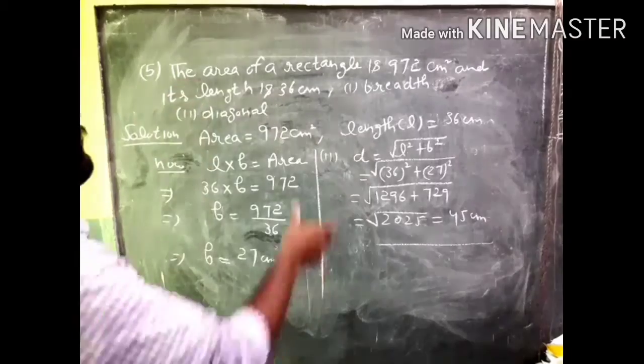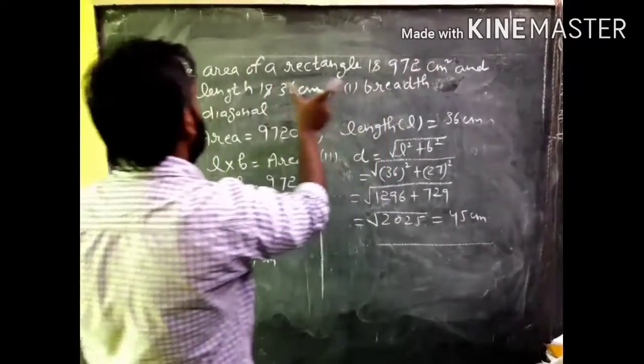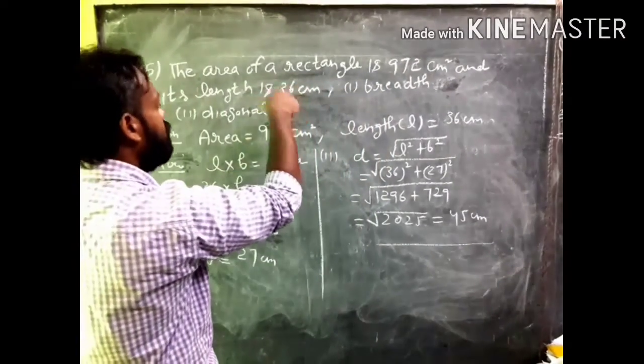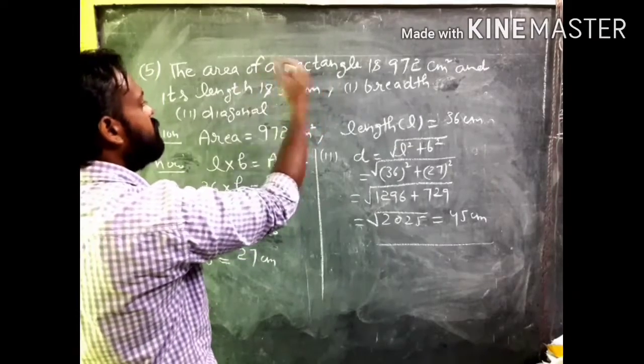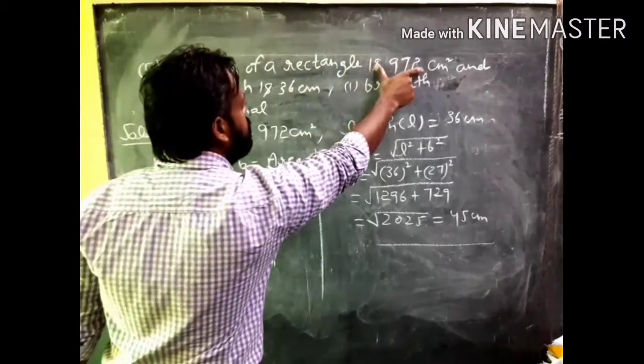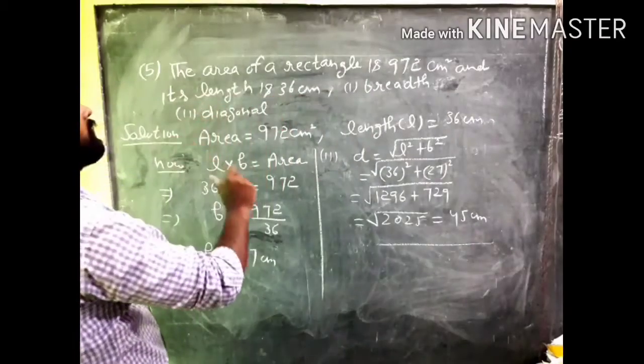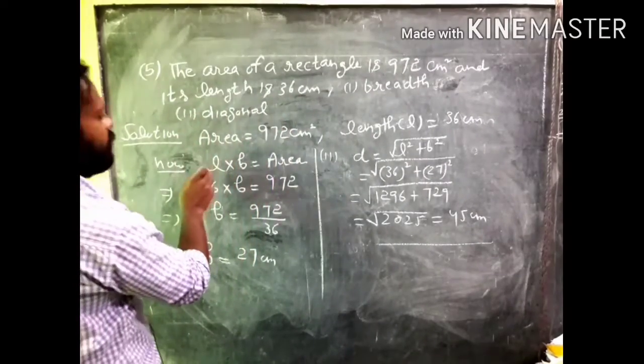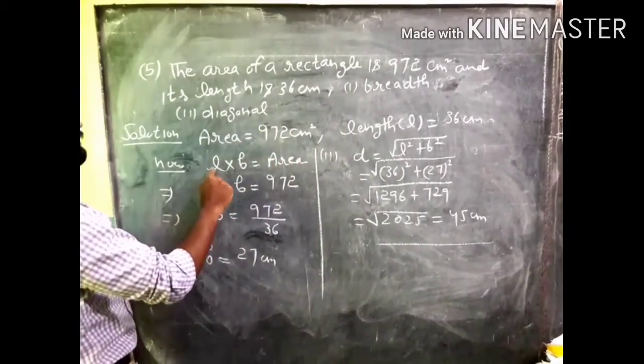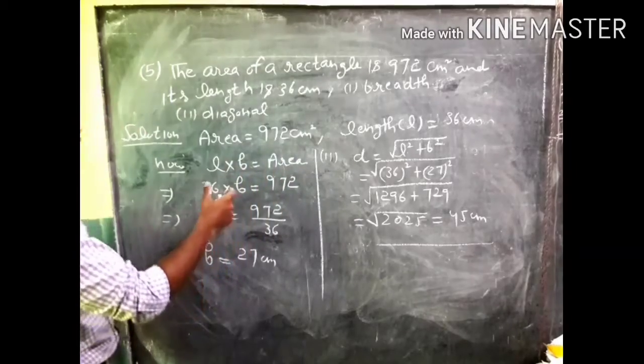When the area and one side, length or breadth, is given to us, as this time the area and the length are given, we first apply this formula: length into breadth is equal to area.